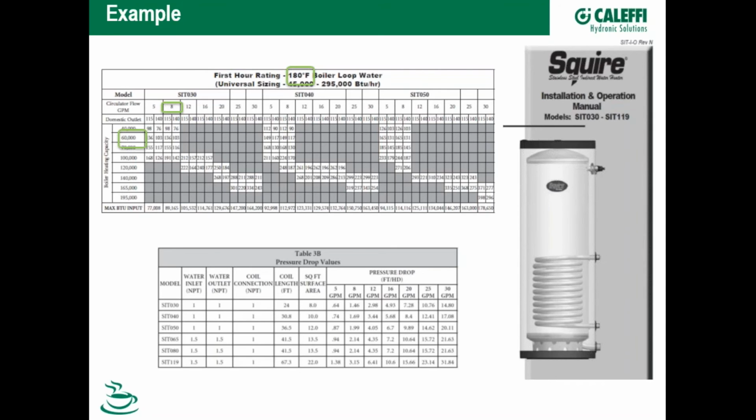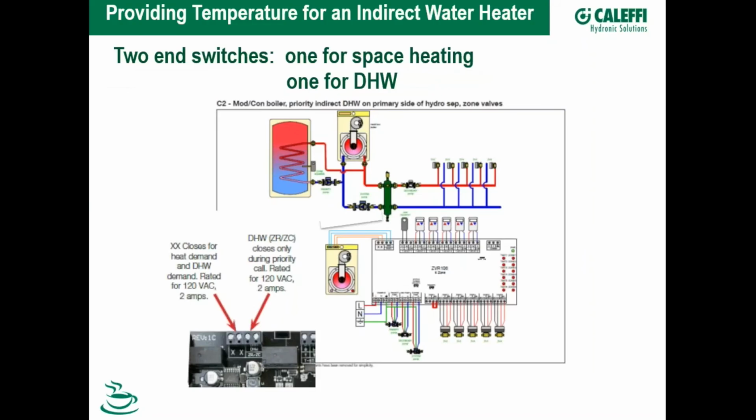Now, the other thing that I tend to see driving priority is where you're hooking up the indirect water heater. This happens to be a drawing out of our wiring diagrams for our controls. So a lot of boilers require the indirect water heater. We'll show drawings that you see here off the boiler prior to your hydraulic separator.